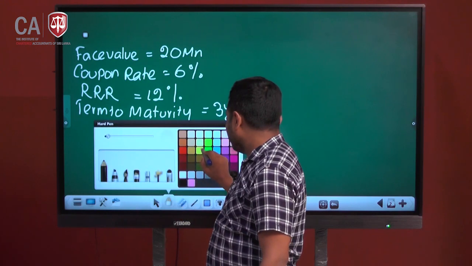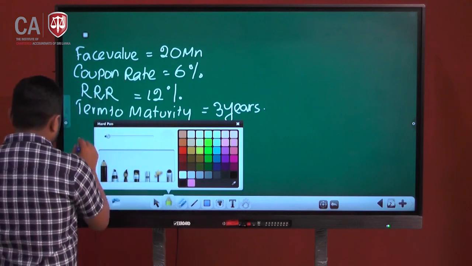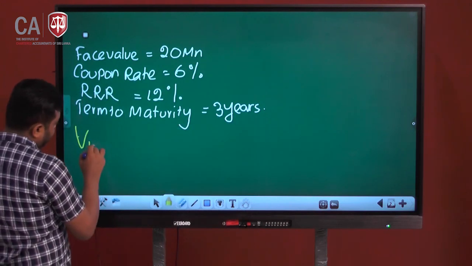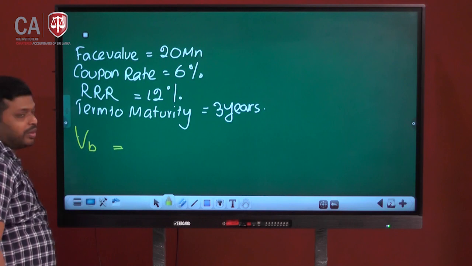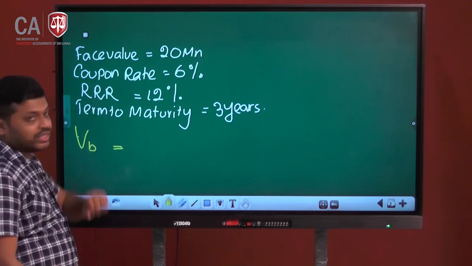When you are going to calculate the value of a bond, it includes two types of payment, interest and redemption price, that is the face value.